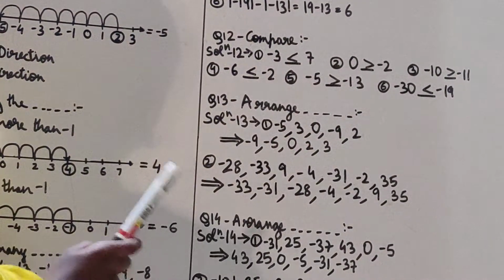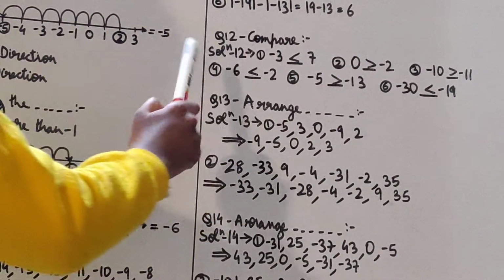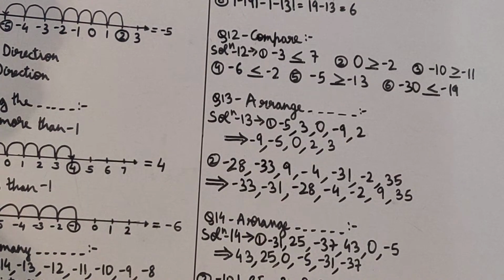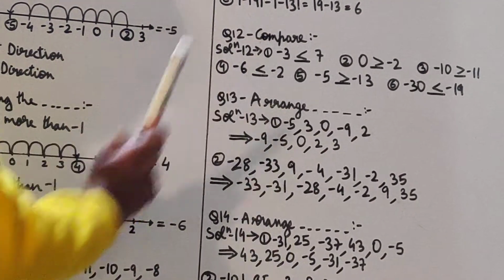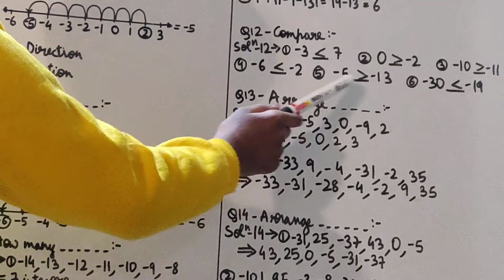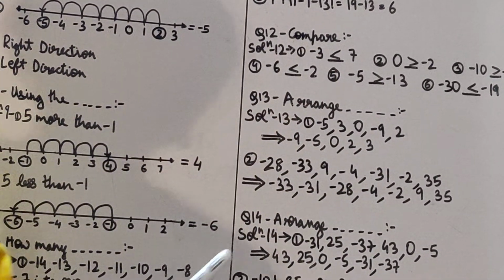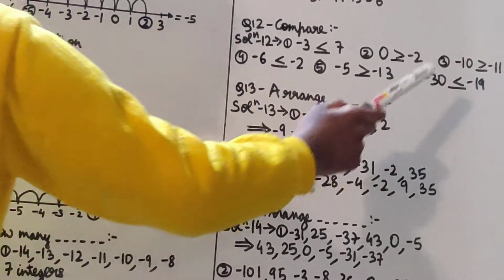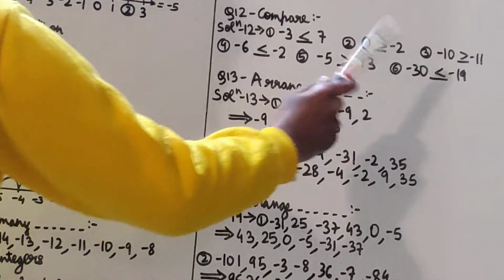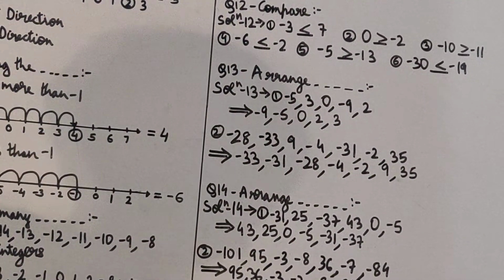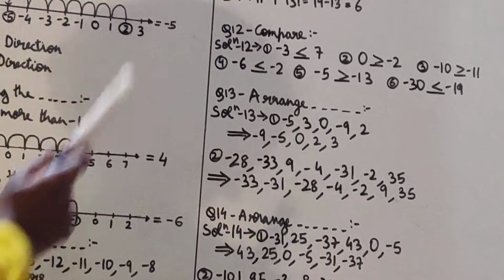Minus 10 is greater than minus 11 as both are negative. Then minus 6 and minus 2. Minus 6 is smaller than minus 2. Then minus 5 and minus 13. Minus 5 is greater than minus 13. And minus 30 and minus 19. Minus 19 is greater than minus 30. So this was about compare.